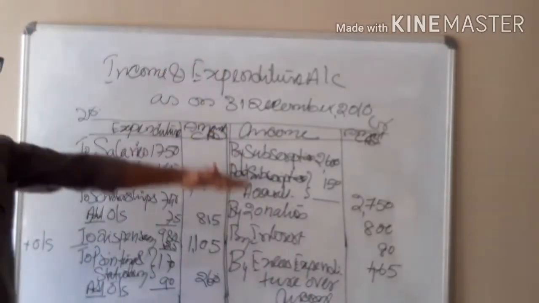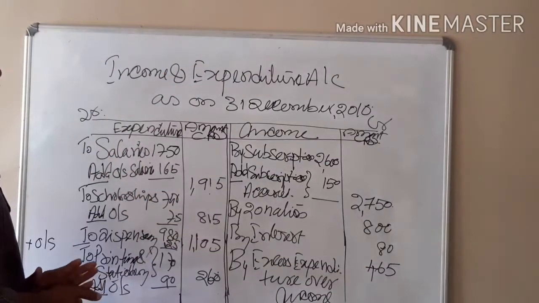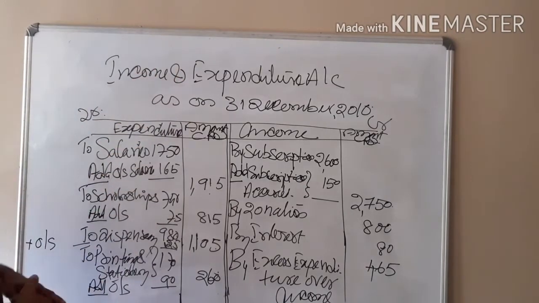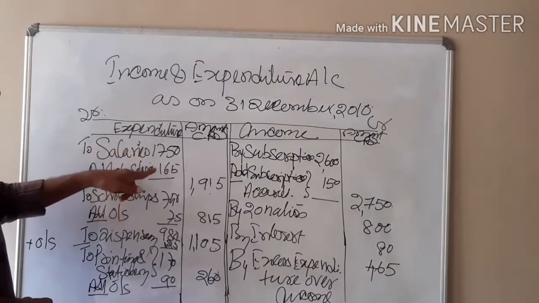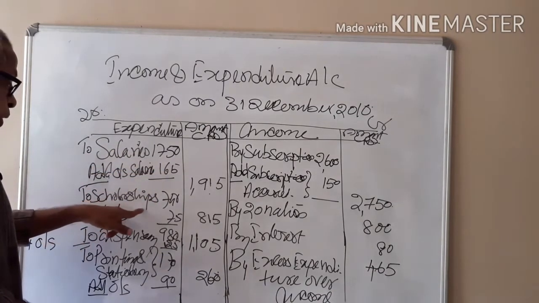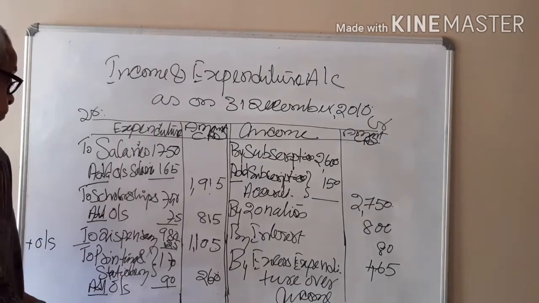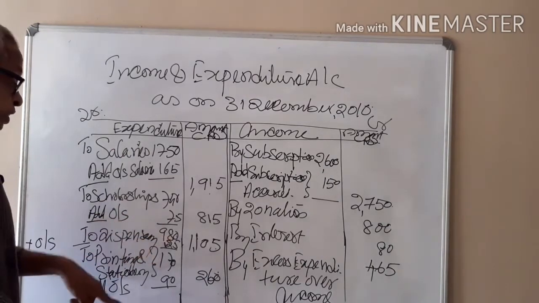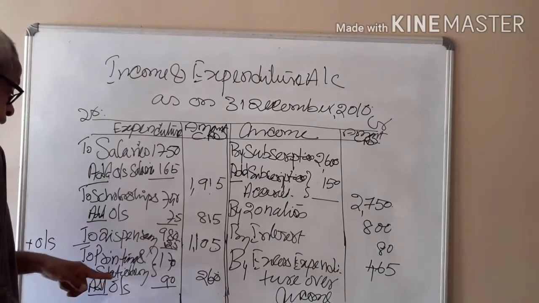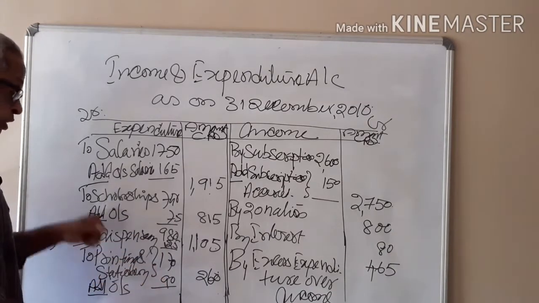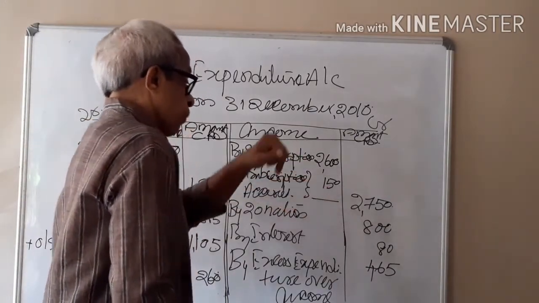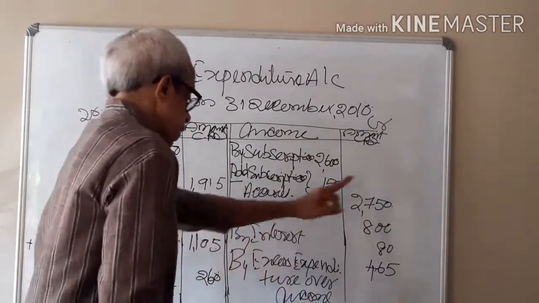So these are the figures that we incorporated in income and expenditure account. Salaries plus outstanding figure, scholarship plus outstanding figure, dispensary plus outstanding figure, printing and stationery plus outstanding figure, subscription plus accrued figure, donation, interest.